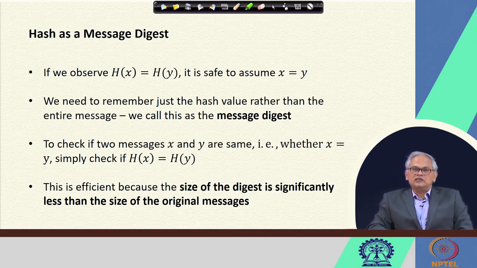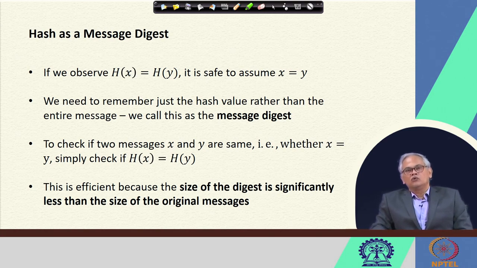That means the digests effectively are unique representations of the original messages. So, we can simply remember just the hash value rather than the entire message, and this is what is called the message digest. So, effectively it means that say there is a very long document D1.